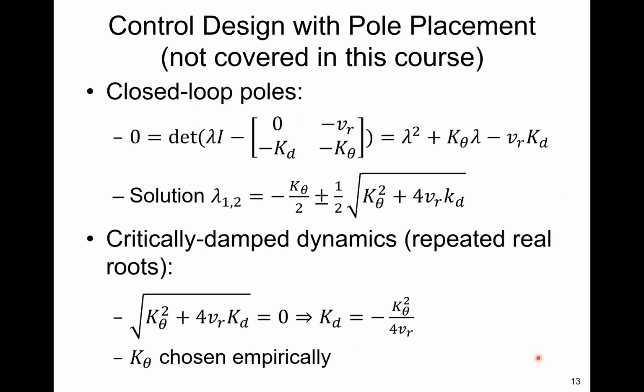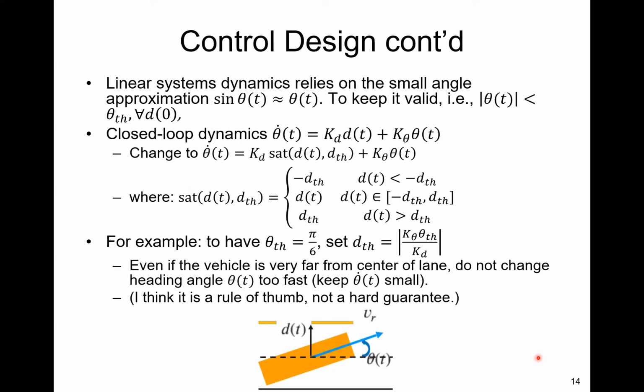So by imposing this constraint, you are really making the controller pretty conservative. Even if you're pretty far from the center of the lane, you are still making small adjustments. You are still turning your steering wheel at a very small angle to keep the controller valid.